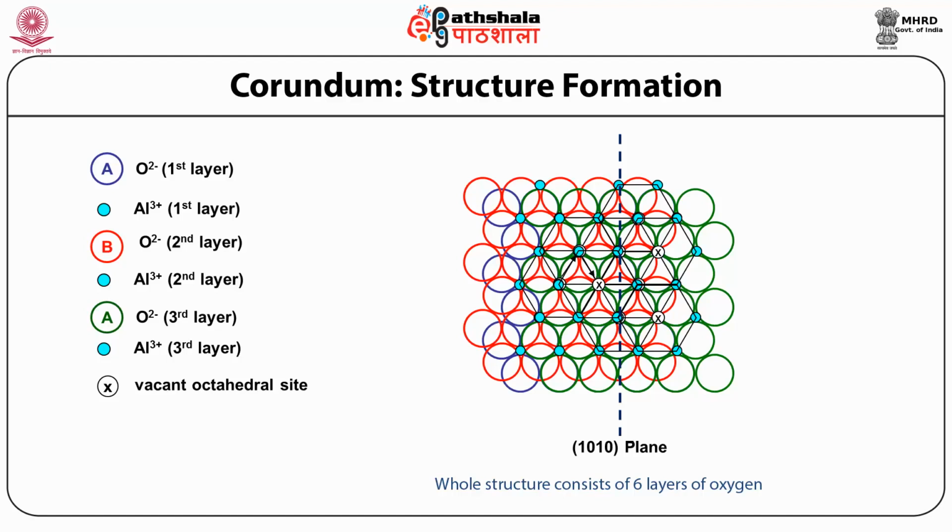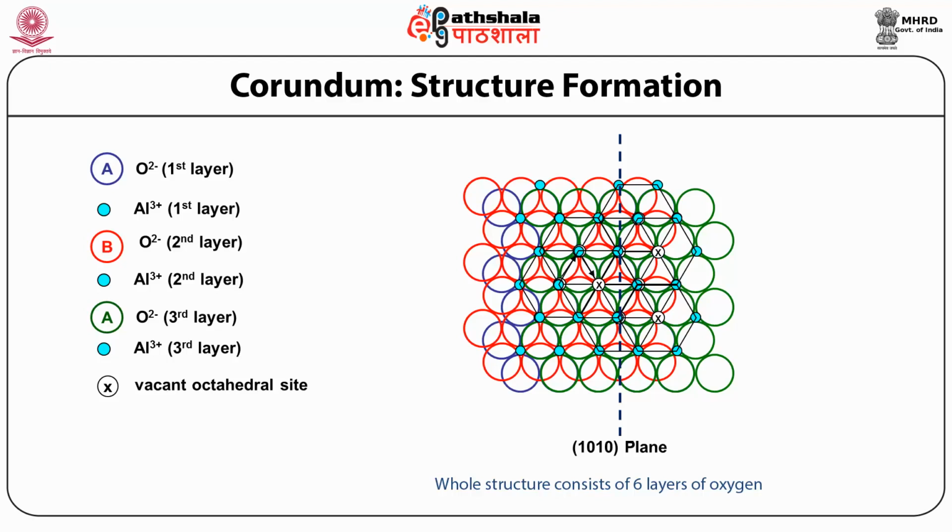Now comes the second layer. The second layer also consists of O2- and Al3+, which overlaps and fills the voids over the first layer. So B colored, that is red colored with B written, corresponds to O2-, and blue filled small atoms correspond to Al3+, representing the second layer.